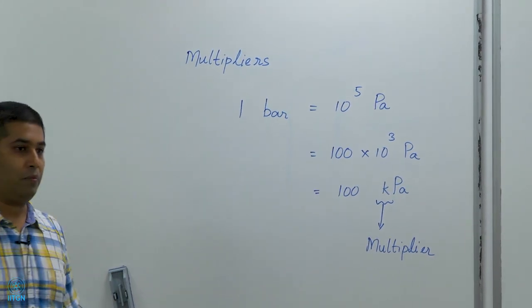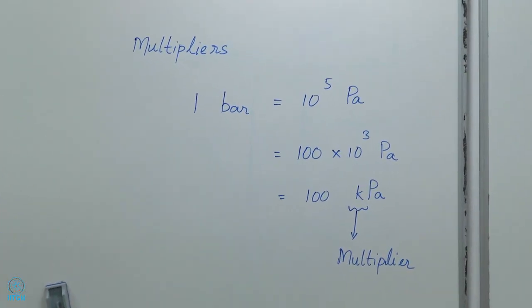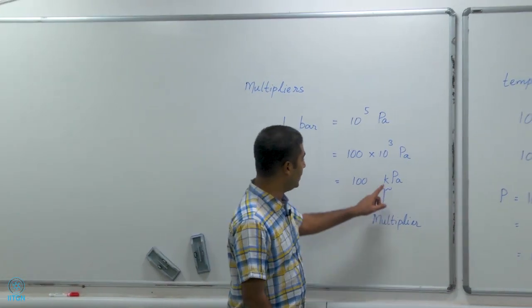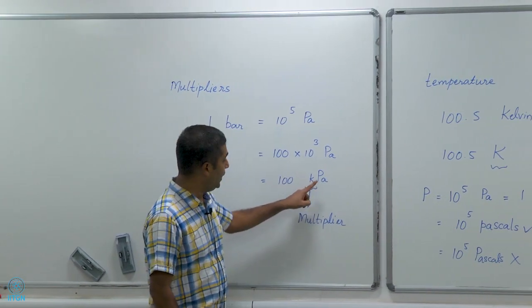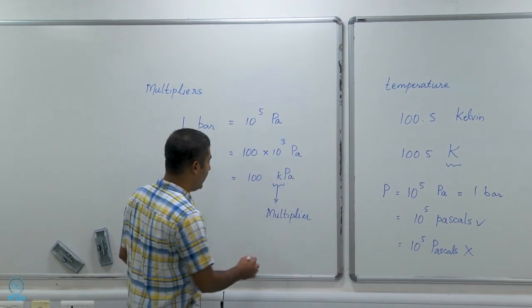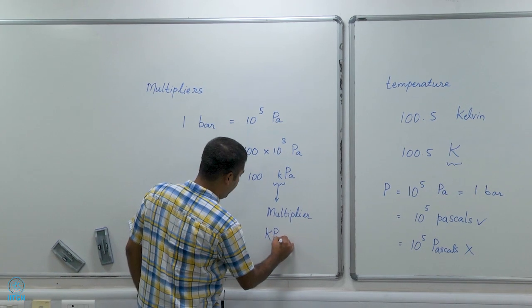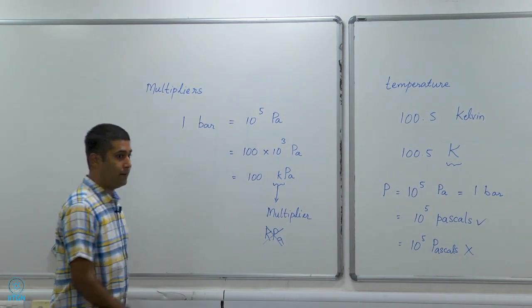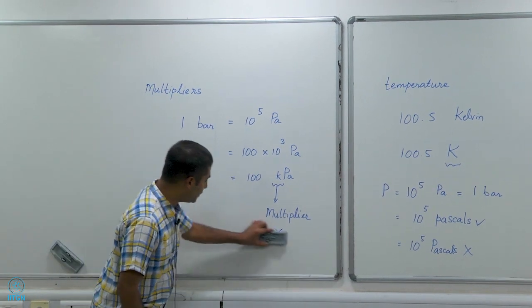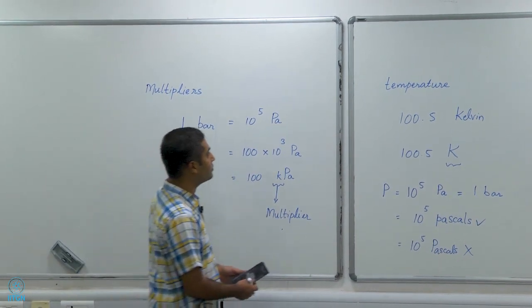So, it is not Pascal, it is kilopascal, right. And again, there is only one way of writing kilopascal: K is small, P capital and A is small case again, right. You cannot write it as KPA, this is not correct, right. So, what are some of these multipliers?